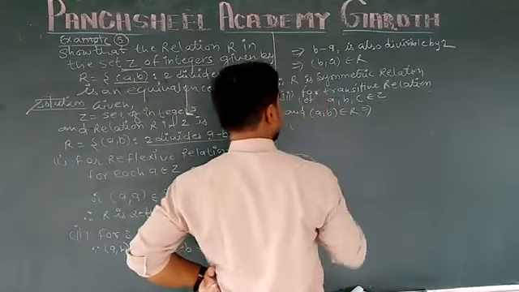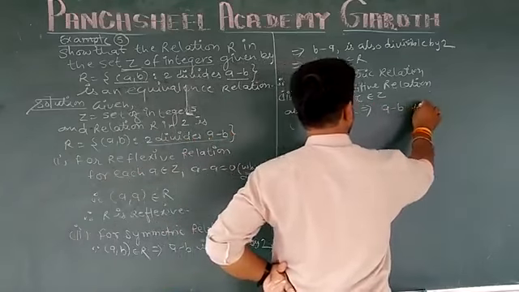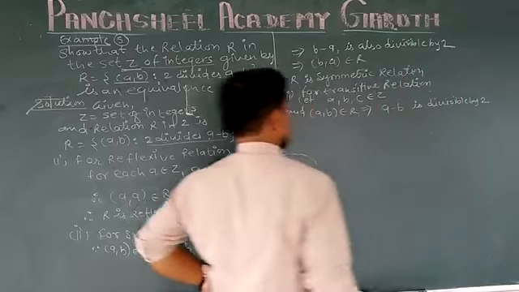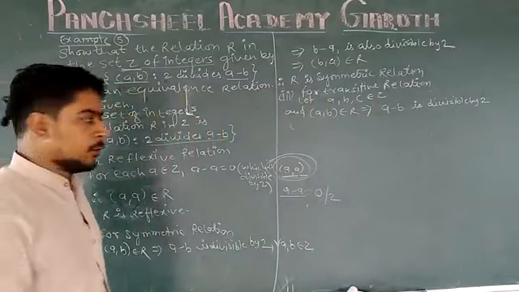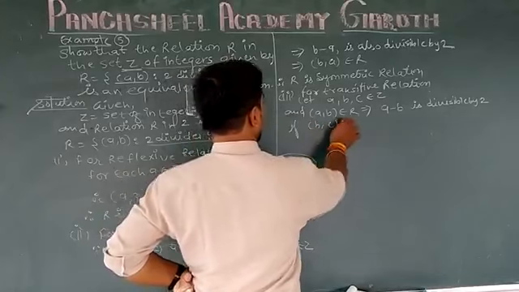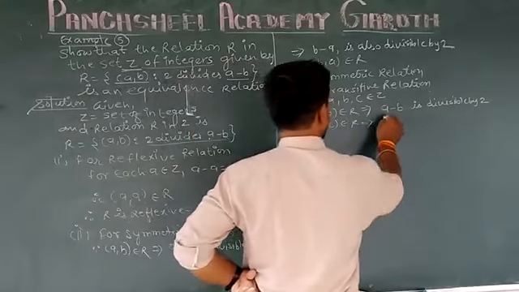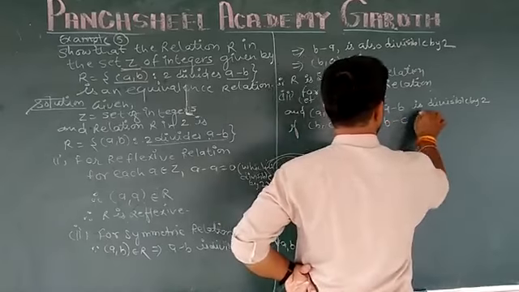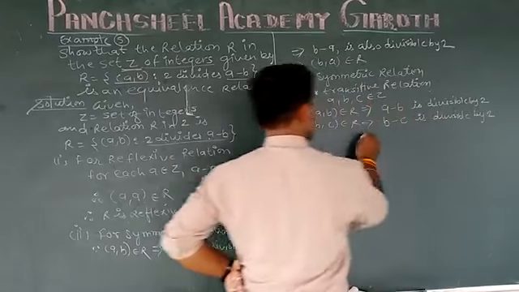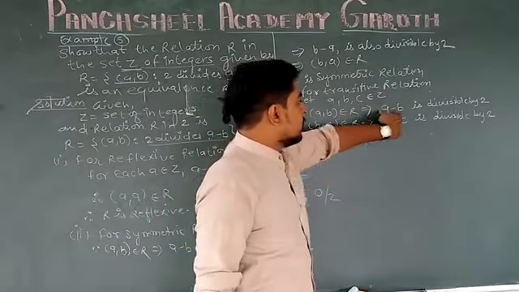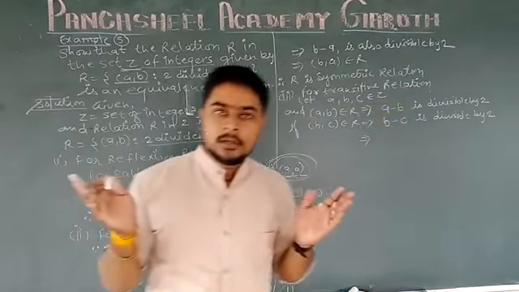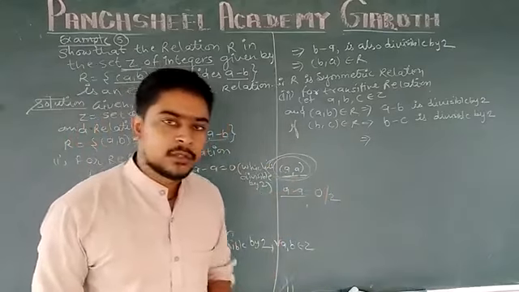This implies that a minus b is divisible by 2. And if (b, c) belongs to R, this implies that b minus c is divisible by 2. So by the conclusion, if these numbers are divisible by 2, then the sum of both the numbers is also divisible by 2.